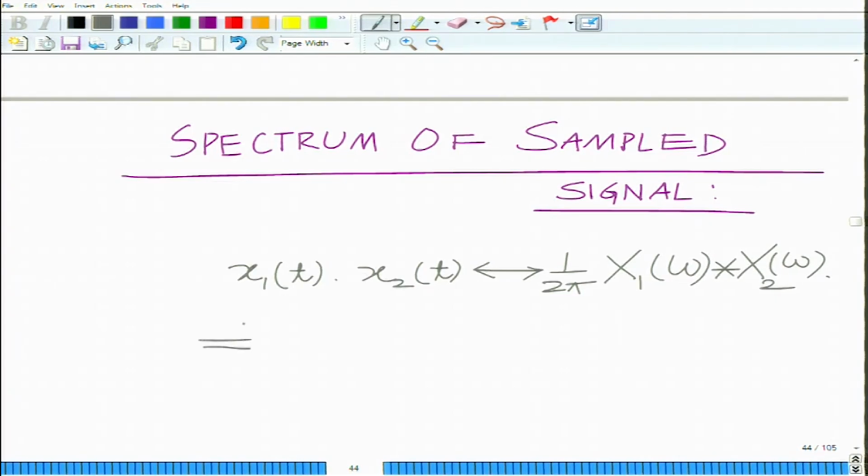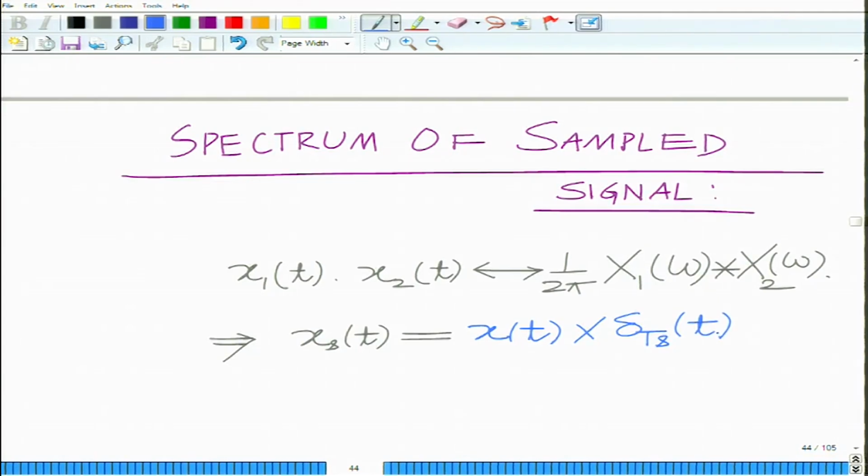Now recall that our sampled signal xs(t) is the product of the original signal x(t) with the impulse train, delta Ts(t). So, this is your sampled signal.